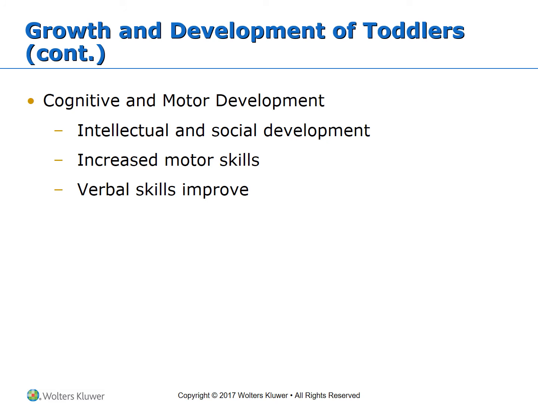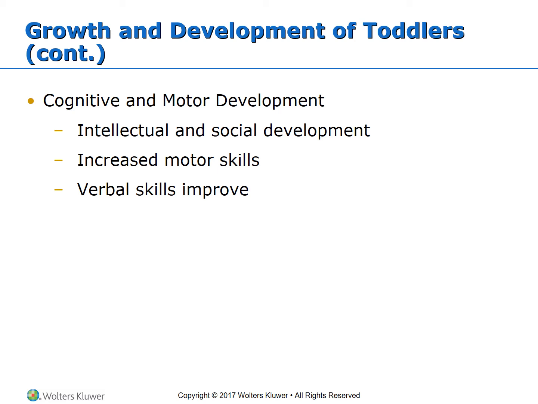Cognitive and motor development. Intellectual and social development becomes more evident as they grow physically. They have increased motor skills, and their verbal skills continue to improve. Their social contacts broaden. Toddlers will play next to their playmates rather than with them.